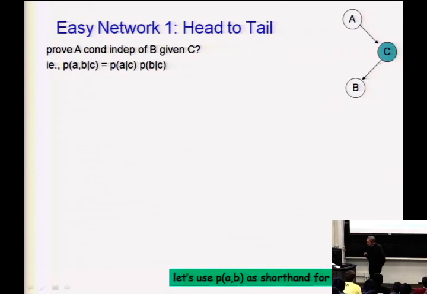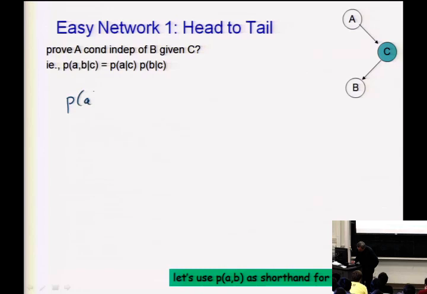Now, let's just prove that. This is another thing you should be good at. This is another kind of mental hygiene for probability expressions. To say that they're conditionally independent means that we have to prove this equivalence, right? A way we can prove that is just to go back to the definition.